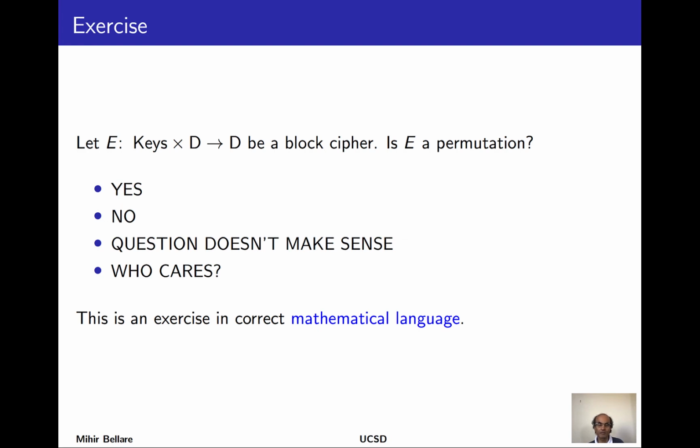Why is that? Well, for example, because block ciphers have two inputs and permutations just have one. That's enough to rule out there being the same thing. Nonetheless, people often mistakenly refer to block ciphers as permutations, but they aren't. What's a permutation is each individual function induced by each individual key in a block cipher.